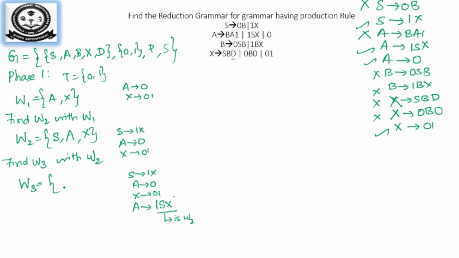Now you will be having the same S, A and X. You can see both W2 and W3 are the same, so W3 and W2 are the same. You can stop the process.